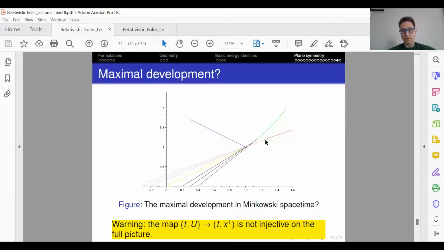That's going to be a boundary, and therefore this red curve is not part of your maximal classical development. So for generic solutions, you may expect to recover uniqueness, and for generic solutions, this red curve should not really be part of what you would like to call the maximal classical development.